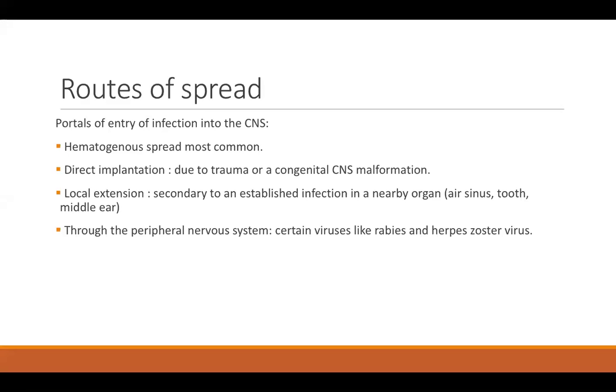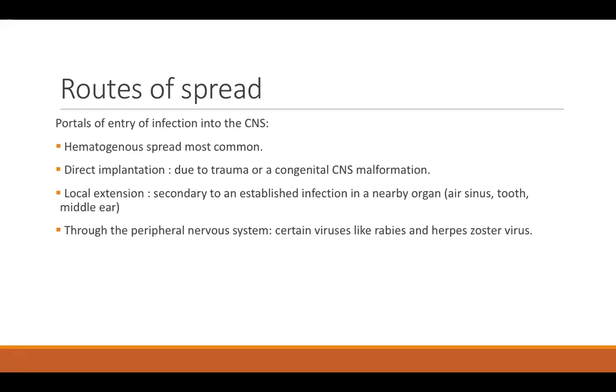بعدها يجي direct implantation, which is quite self-explanatory, either due to trauma, okay, exposing your central nervous system to those pathogens, or when you have a congenital CNS malformation. I'm pretty sure you guys are going to have a lecture on congenital CNS malformations. منها spina bifida, where you have a defect, وأحيانا in cases of myelomeningocele, you have your meninges protruding through that defect.